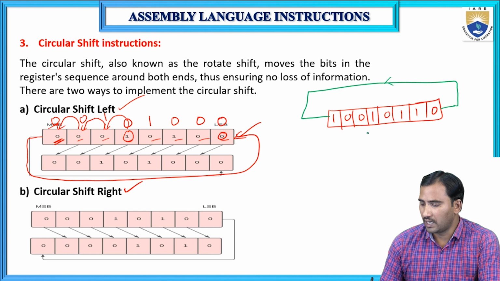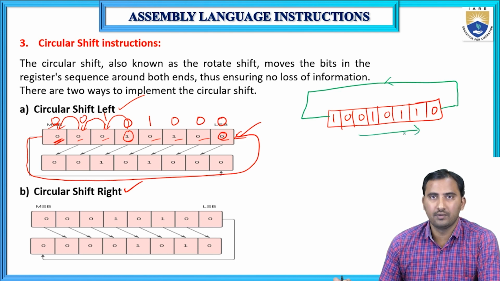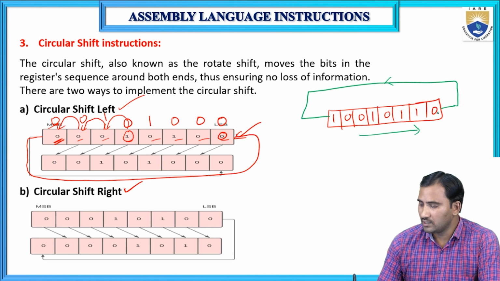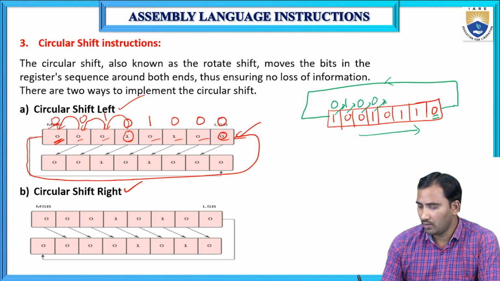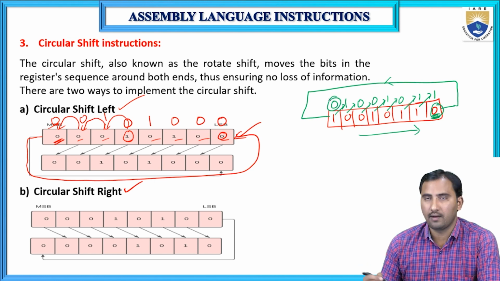So this 0 will come to here, then this 1, then 0 0 1 0 1 1, and this 0 will come to here.